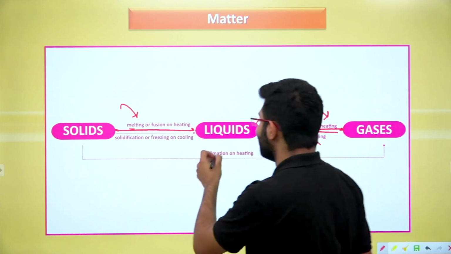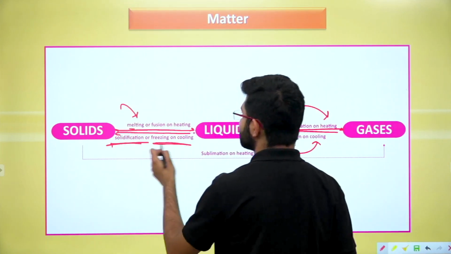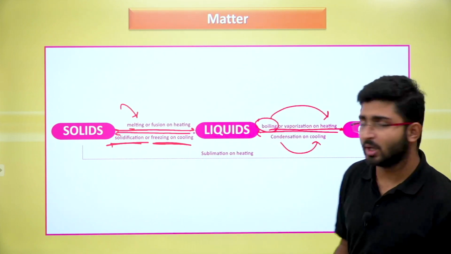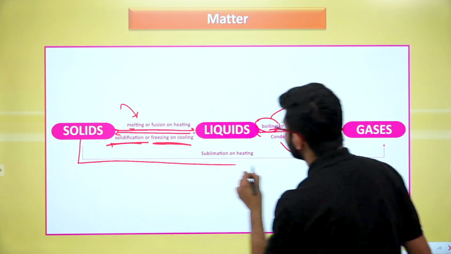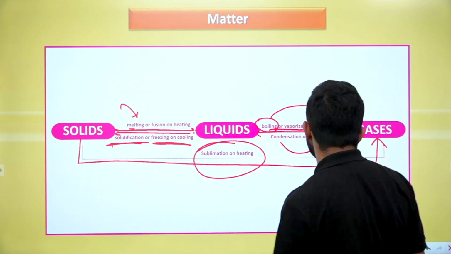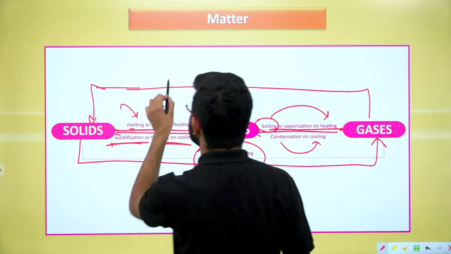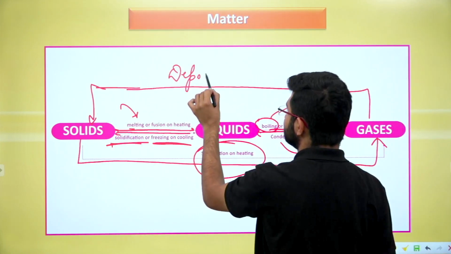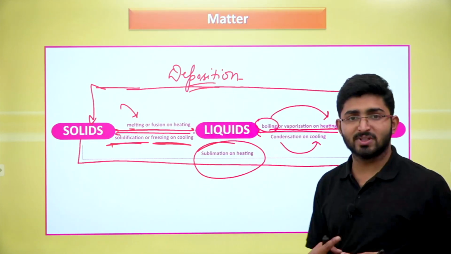Then liquid changes itself into solid, which is known as solidification or freezing, on cooling. I hope this is clear. Now from solid to gaseous state directly is known as sublimation, which happens on heating, and from gas to the solid state directly is known as deposition. I hope this is clear.